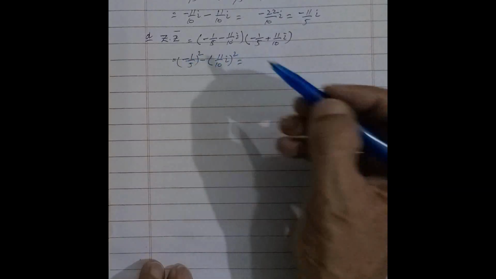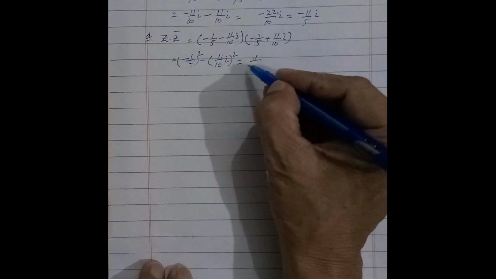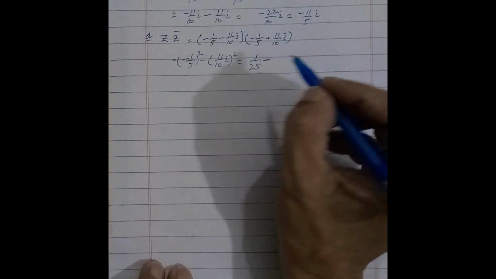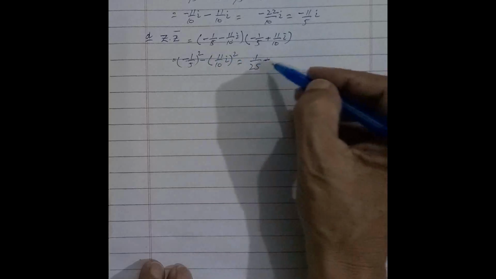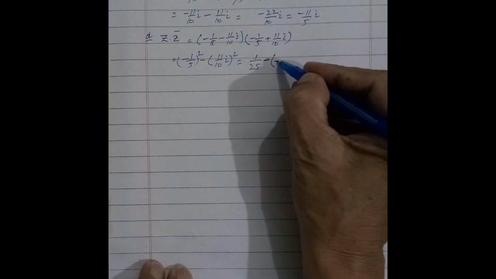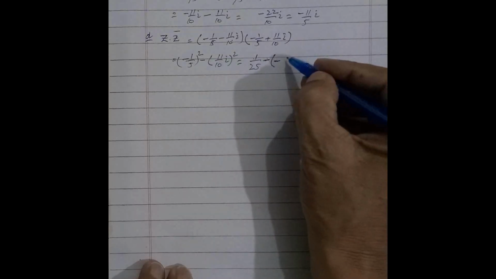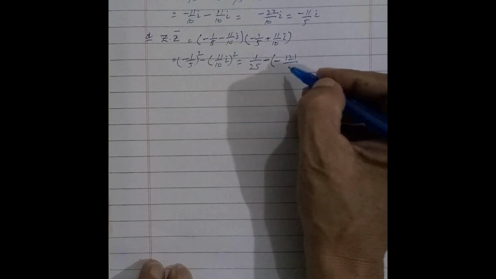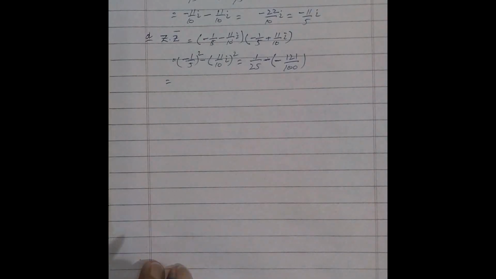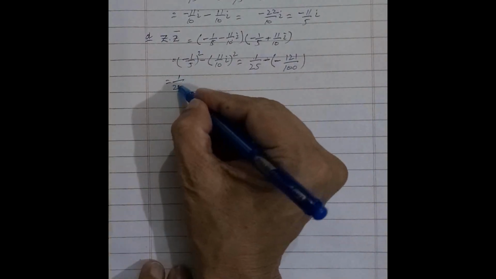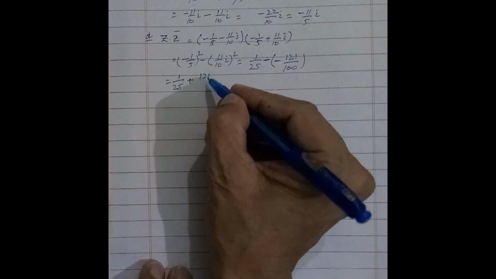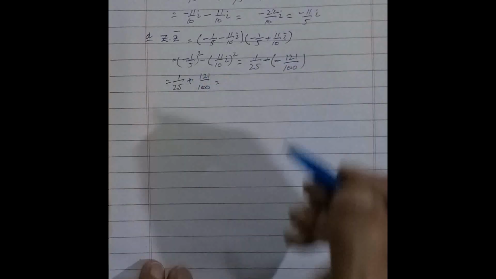Minus, its power is even, so it is plus 1 over 5 square, meaning 1 over 25, and the other value is iota square, which is minus 1, and we write minus 11 square, which is 121 over 10 square, which is 100. Now we simplify these values. 1 over 25 minus multiplied by minus is plus 121 over 100.